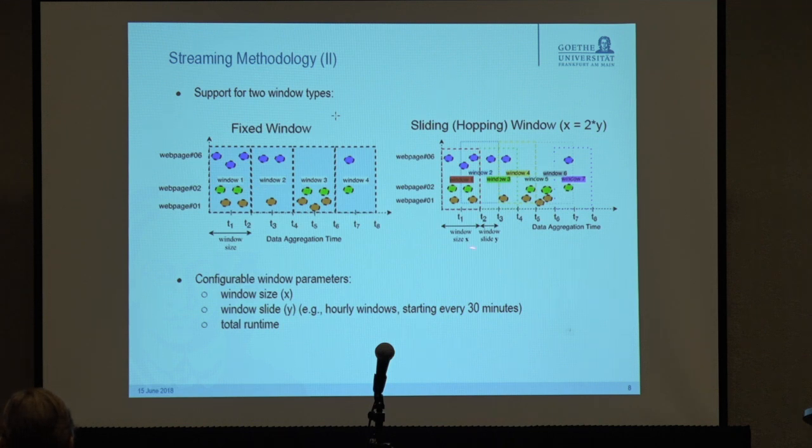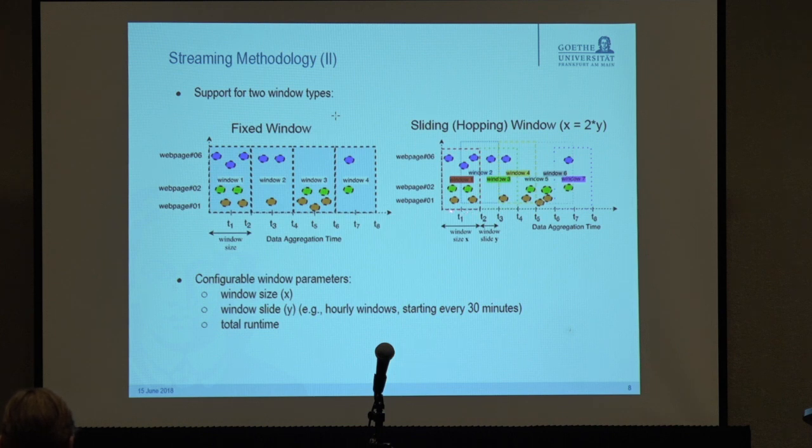And then in the same way we define the sliding, also called hopping window. In this case we have something called swipe, which defines the overlap between the windows. And what does it mean in terms of data? It means that data is represented in two windows.